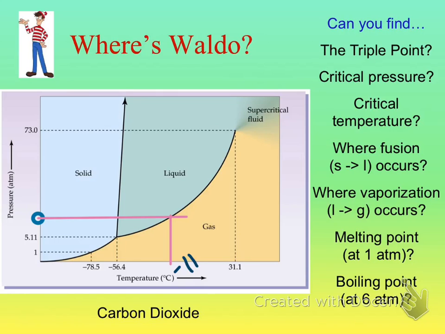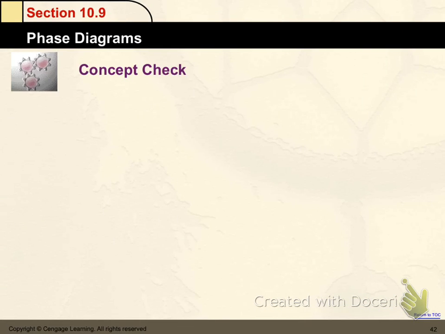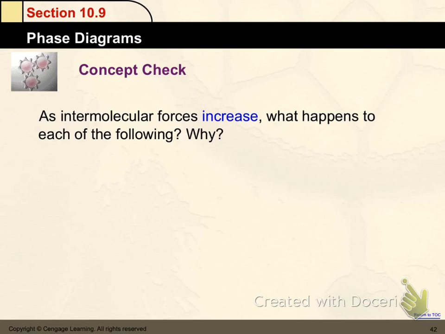That actually covers Chapter 10 in Zumdahl, which would be the first half of Unit 8 in our class. So, I'm going to give you a critical thinking question. I'm going to skip that slide. I'm going to give you a couple of things here. Well, first question, or only question. As the intermolecular forces increase, I want to know what happens to each of the following. I want to know why.